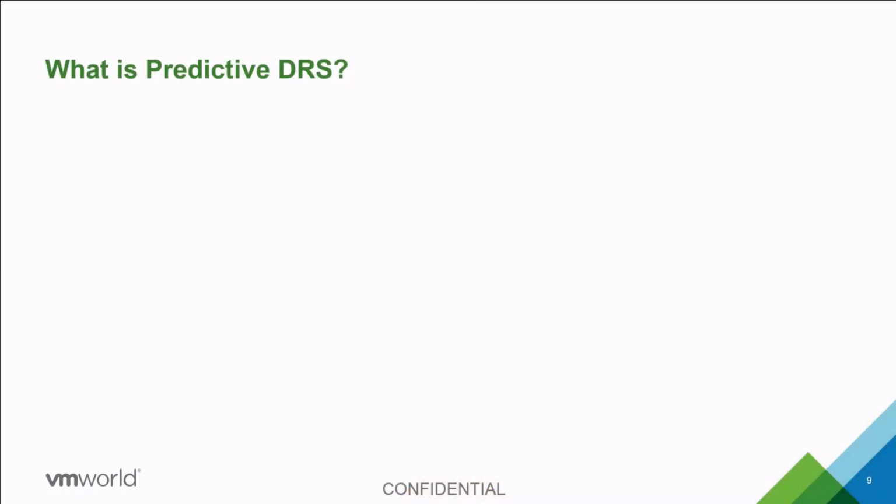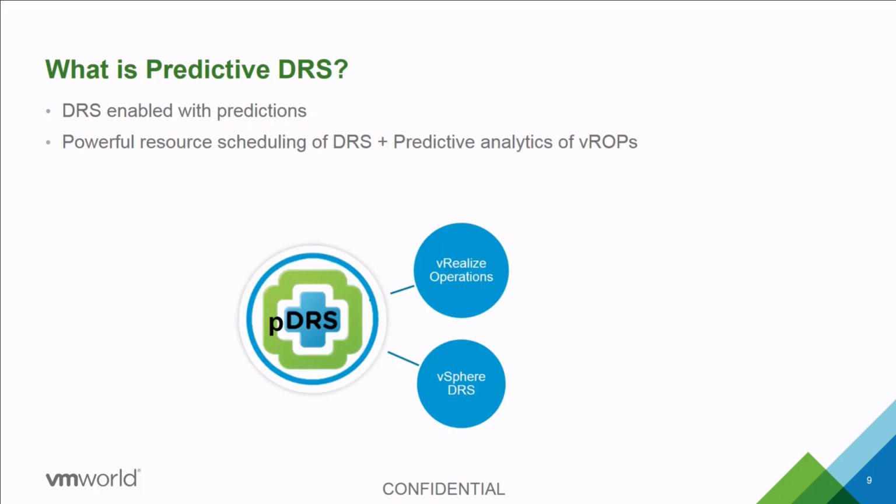Okay, so what is Predictive DRS? We are all aware of vSphere's flagship resource scheduling algorithm, DRS. The same DRS enabled with predictions is what Predictive DRS is, simply put. It comes with the powerful resource scheduling of DRS and analytics from VROps.